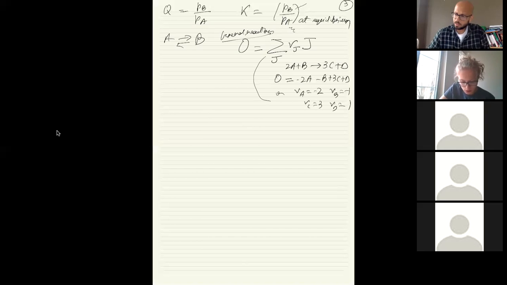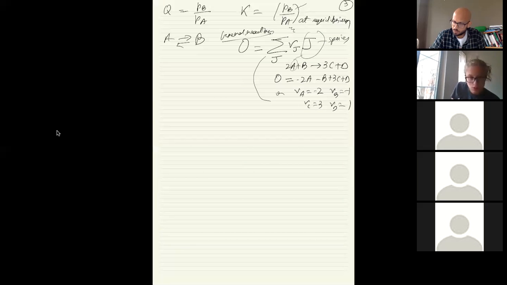So this is the general reaction. You have some species J or component. The species versus component thing is confusing. I know Elizabeth has been confused about it. This is a slanted nu, a slanted V with subscript J. This is the stoichiometric coefficient for the species J. So A is the first value of J, which has the stoichiometric coefficient minus 2.